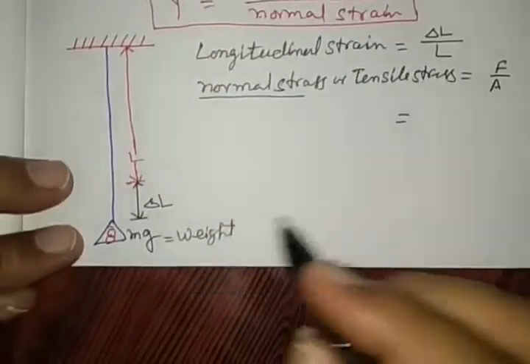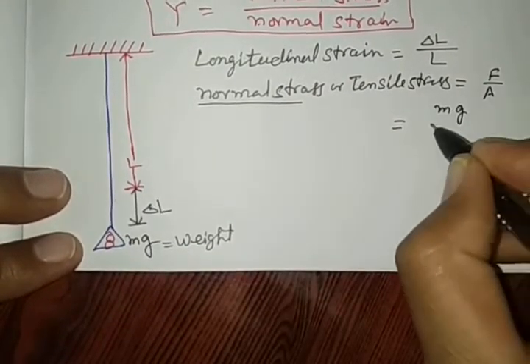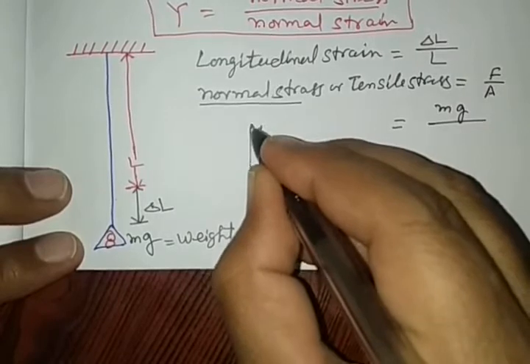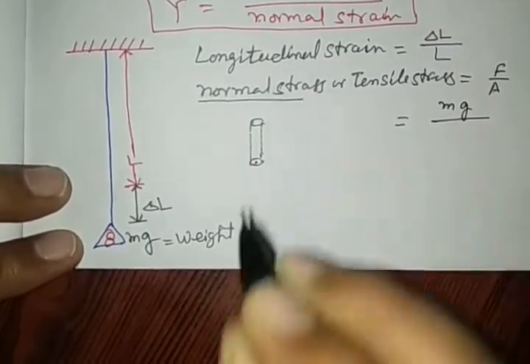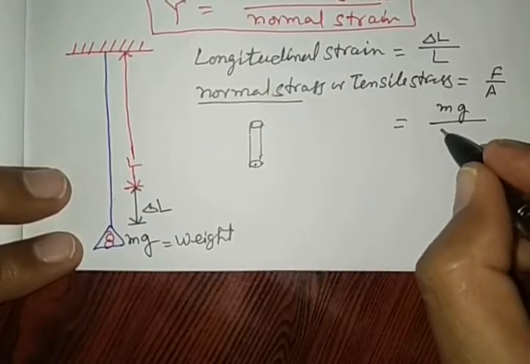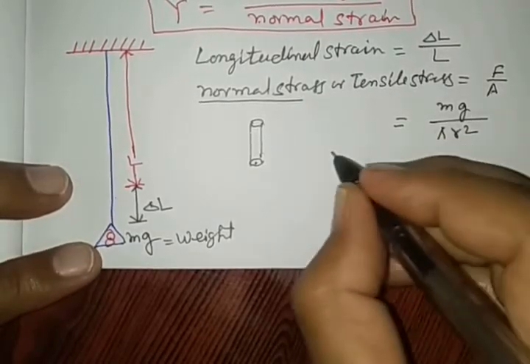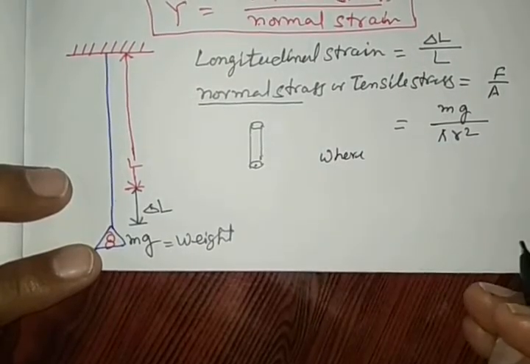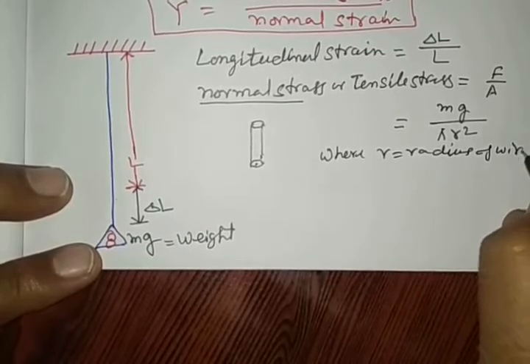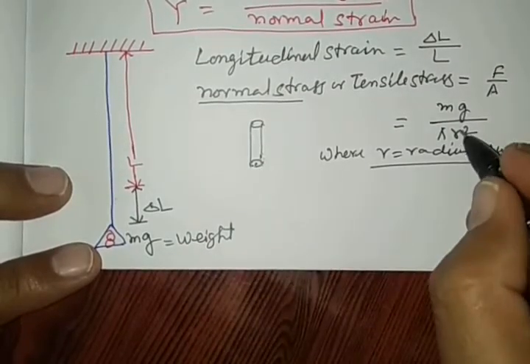The force here means the weight suspended here, mg, and A here is the area of cross section of the wire, which is denoted by pi r square, where r is equal to radius of wire here. This area of cross section is a circle, so circle area is pi r square.